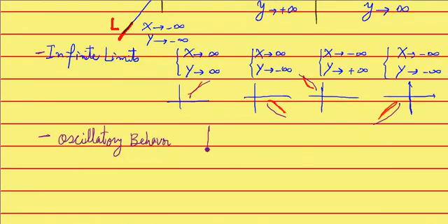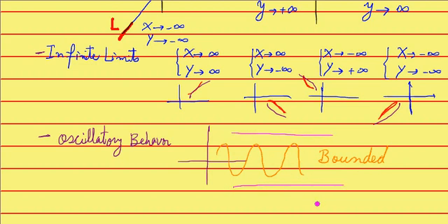Just to be brief, it could be that as a function goes to the right, it acts like this, like a sine or a cosine function. If the amplitude of oscillation stays within certain numbers, we are going to call it bounded oscillation. Bounded oscillation means you can put a ceiling on top of it, you can put a floor below it, and they are not going to break through these. You can bound them.